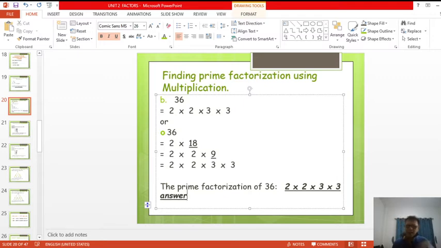Again, as I said, if you're lazy to write this, you can just underline this one, underline that one, and that is your answer. You just write answer so that I know that is your answer. I hope you understand the method by multiplication.